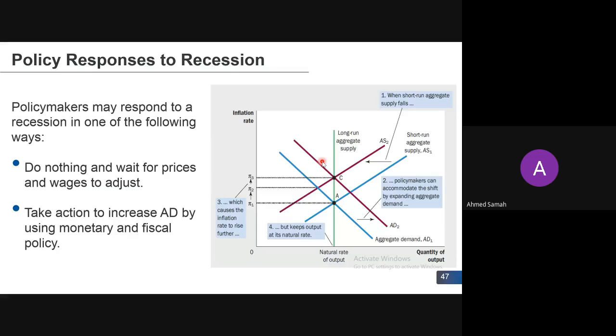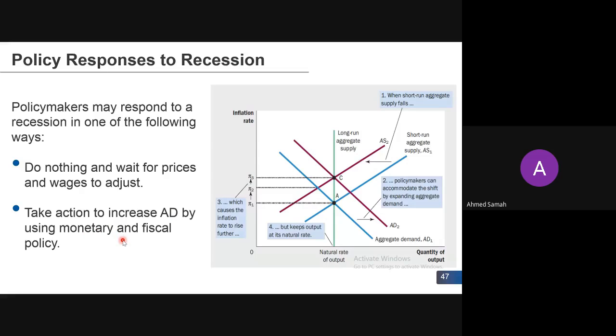Then policymakers respond to recession in two main ways. One of which is doing nothing and waiting for prices and wages to adjust on their own. The other one is taking action to increase aggregate demand by using monetary policy or fiscal policy.